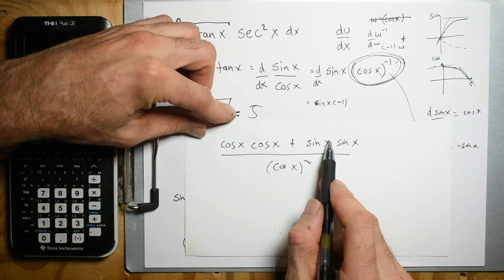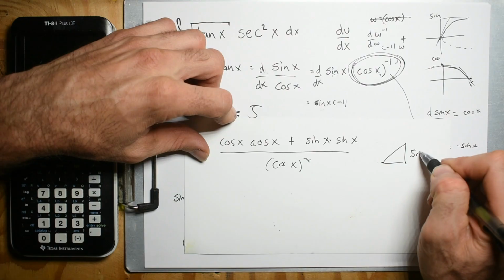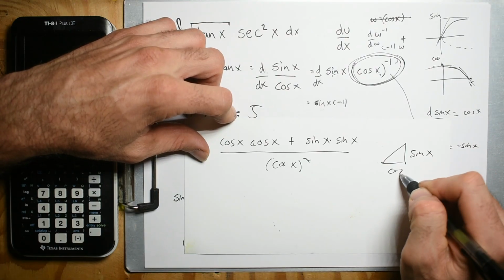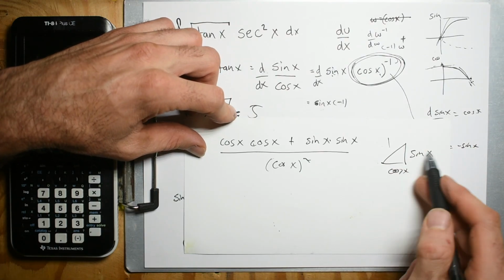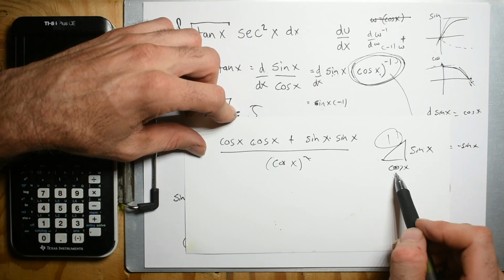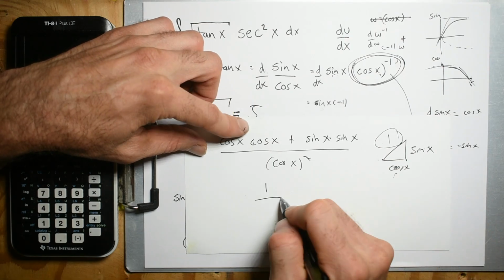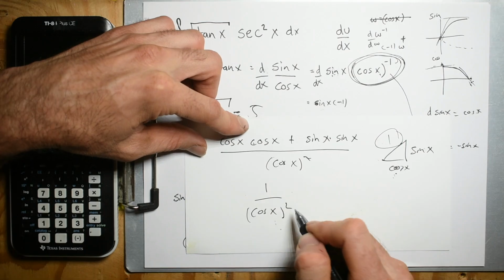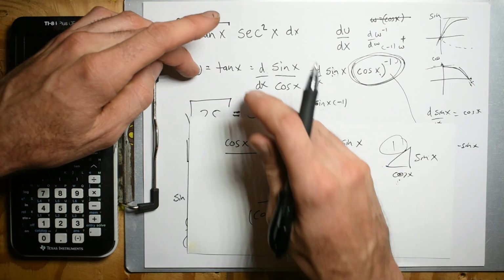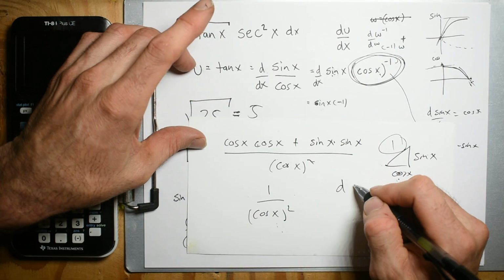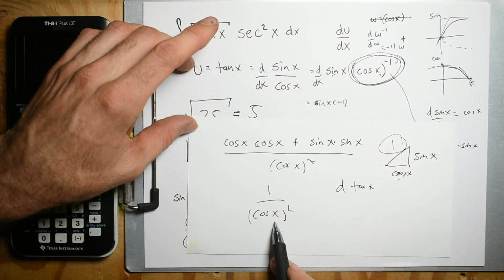This is sine squared plus cosine squared, which we know is 1. Pythagorean theorem, and we have 1 divided by cosine x squared. So that is the derivative of tangent x.